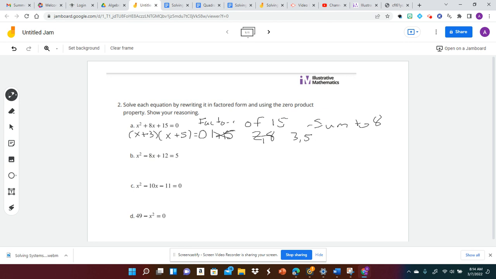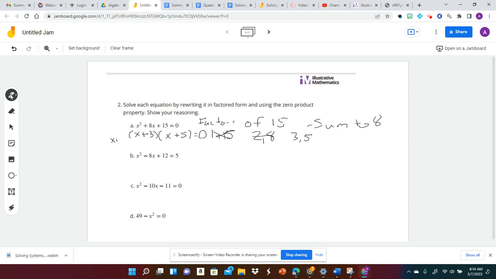equals 0. And you could distribute this, and it would make x squared plus 3x plus 5x, which would be x squared plus 8x plus 15. But the cool part is if you multiply two factors together that make 0, we have two equations that we could solve.